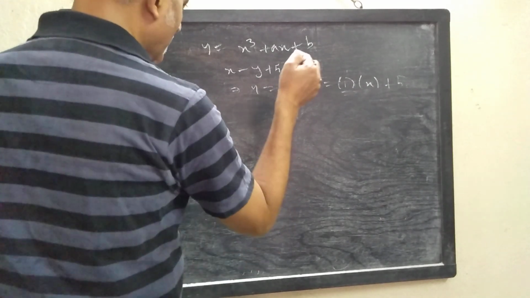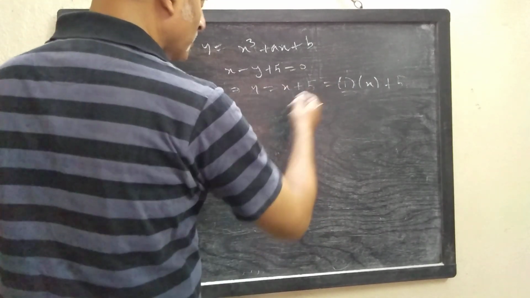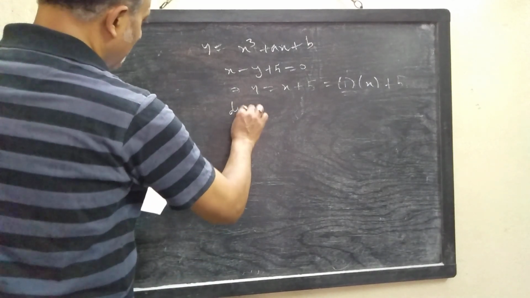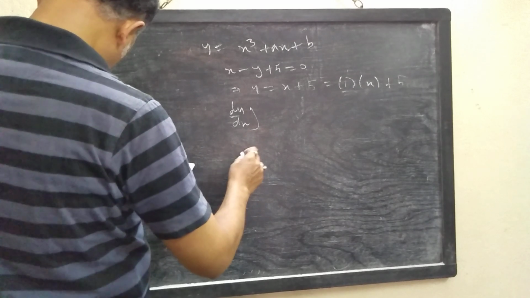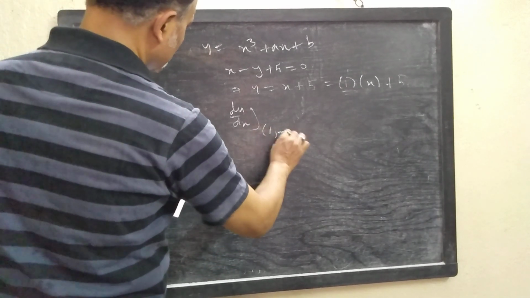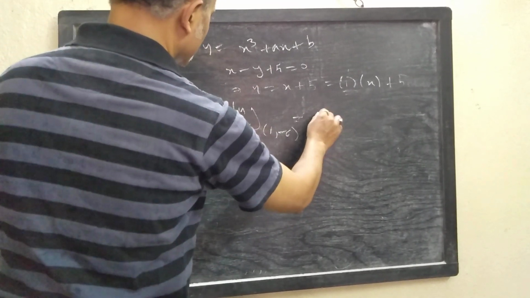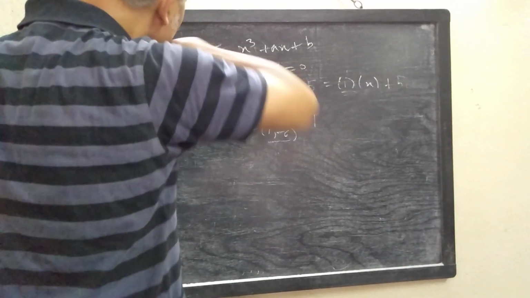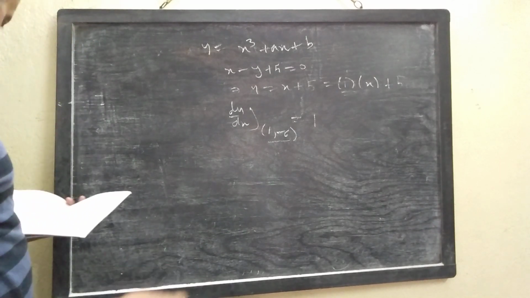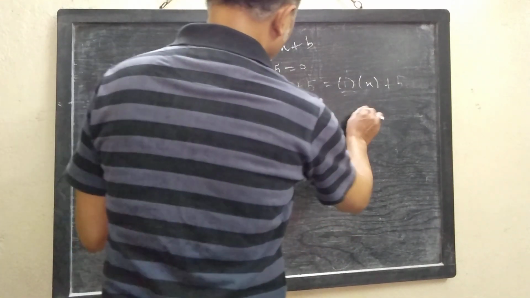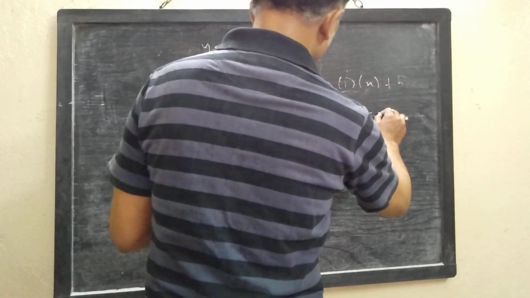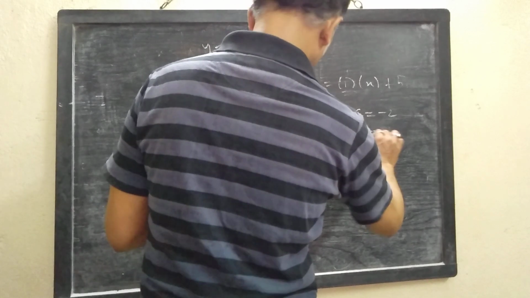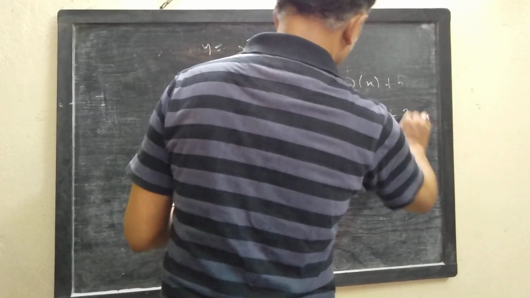So as the tangent is parallel to this line, the slope of the tangent should be 1. And the tangent is at 1, minus 6, so dy/dx at 1, minus 6 is 1. This is one condition. Again, this point lies on this curve. This is another equation. Now solving these two, you will get a equals minus 2 and b equals minus 5.